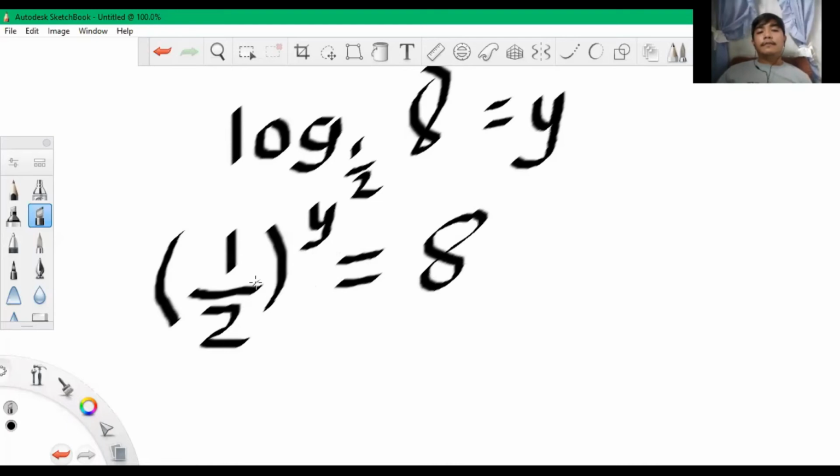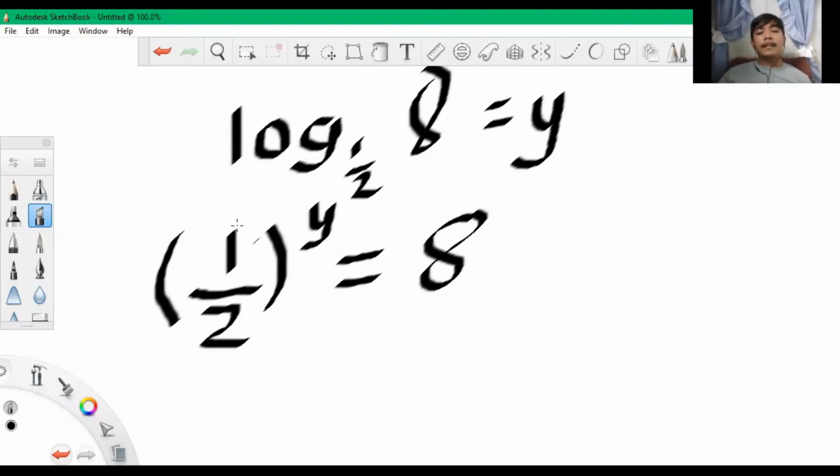So in this case, we have to make sure that our left and right side should have the same base. So paano po natin gagawin? So we can get the reciprocal of this 1/2 para mas madali natin siyang ma-solve.